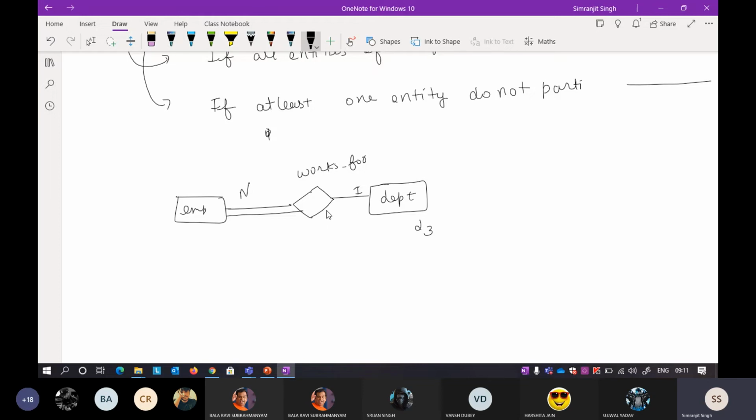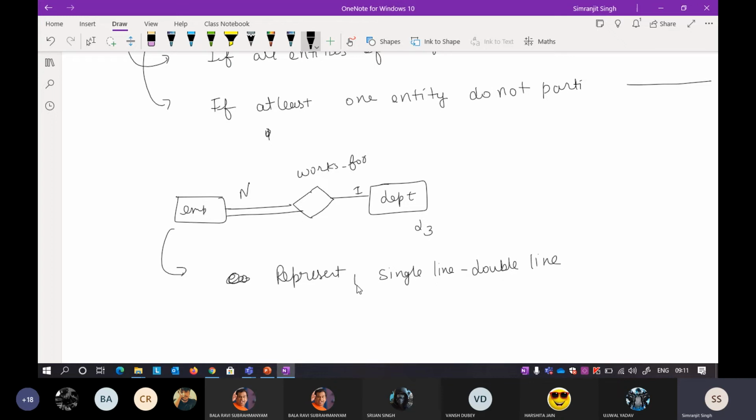Now, there is another representation. This particular representation is also referred to as cardinality ratio. So D3 is not participating in a relationship. This representation is called the single line, double line representation.